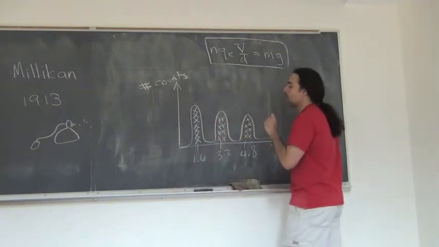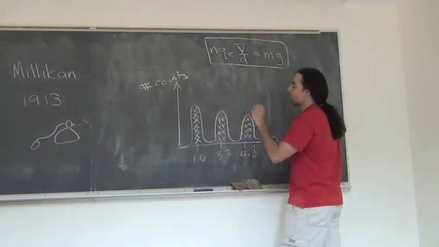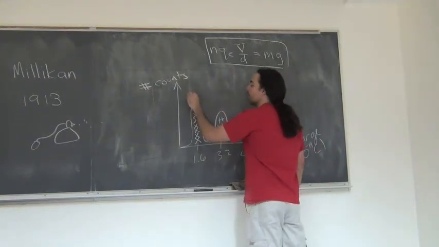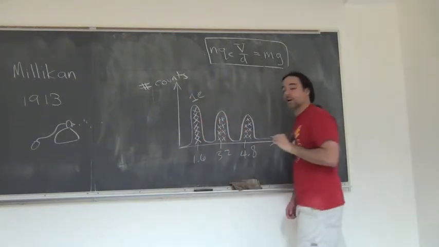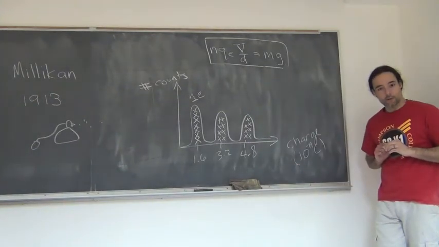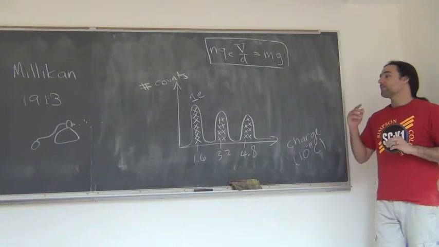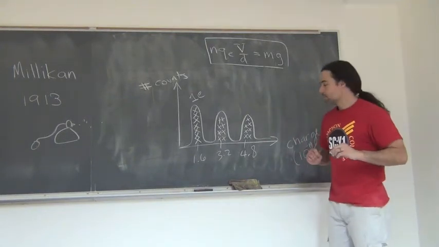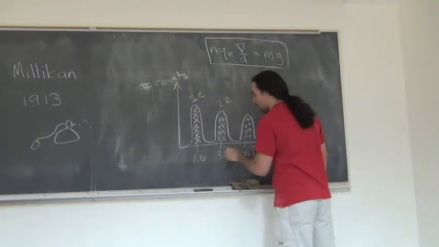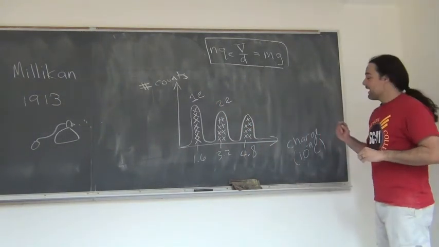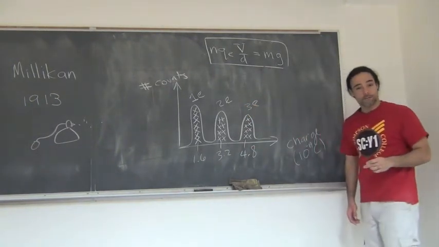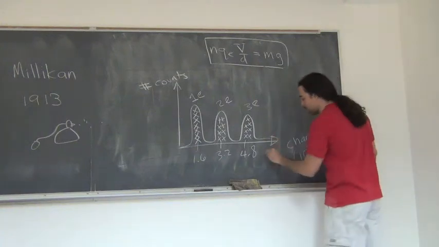We know that there have to be individual particles because if I interpret this the right way, this oil droplet has 1 electron on it, 1 electron with a charge 1.6 times 10 to the minus 19 coulombs. If you have 2 electrons on it, we double that, so you get 3.2 times 10 to the minus 19 coulombs. If you have 3 electrons on the droplet, you get 4.8. You have 4 electrons on the droplet, you get 6.4.